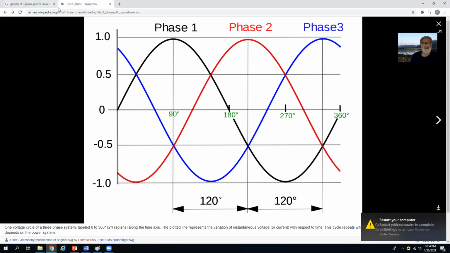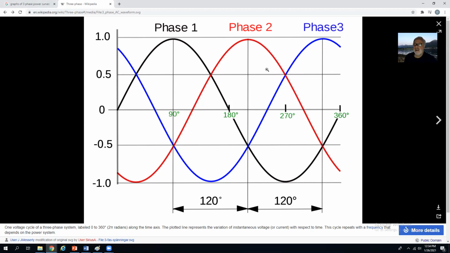Whereas with the two phase we had 90 degree separations, now we're looking at 120 degrees of separation. The reason, again, is because mechanically, when we build the three-phase generator, we separate the three coils around 360 degrees. 3 into 360 is 120. So mechanically, it's 120 degrees.